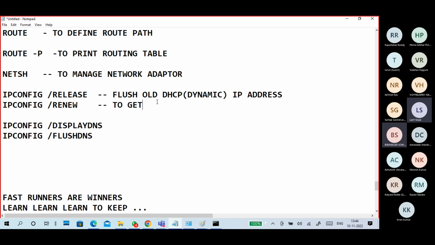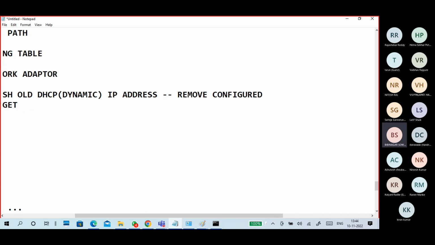Removing already dynamically configured IP addresses. This also you can see. An invalid IP address can't be communicated. When you change the network, your old IP is still there and it's not getting a new IP address. It is still having an APIPA address, then we use this command.